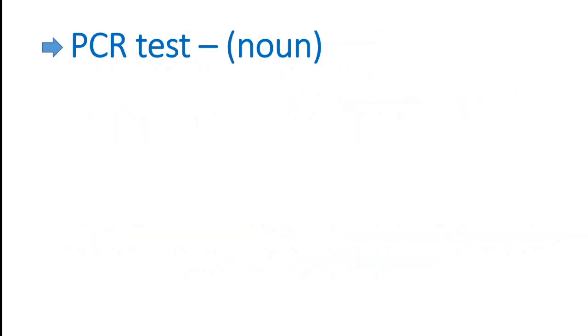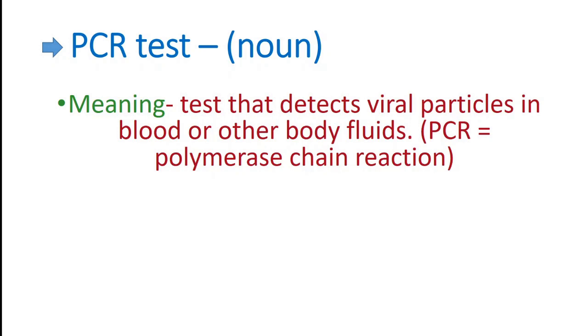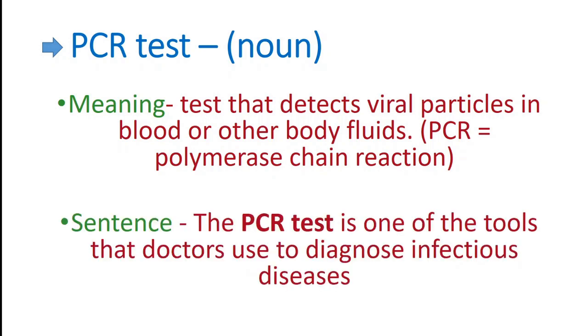PCR test. Noun. Meaning test that detects viral particles in blood or other body fluids. PCR, polymerase chain reaction. Sentence. The PCR test is one of the tools that doctors use to diagnose infectious diseases.